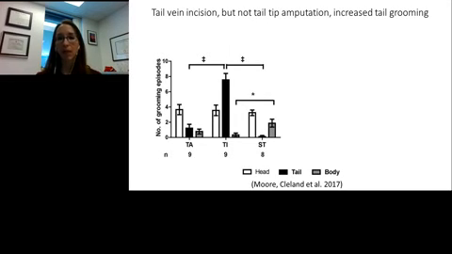So it could have been that more than any pain or distress or both. But importantly, the tail tip amputation group paid no more attention to their tail than the sham tail group. And then we didn't find any impact on body grooming in the facial vein group, and we included our 2 sham groups in that as well.